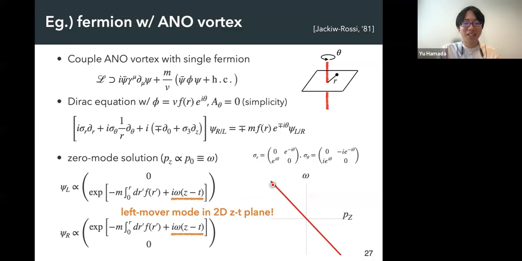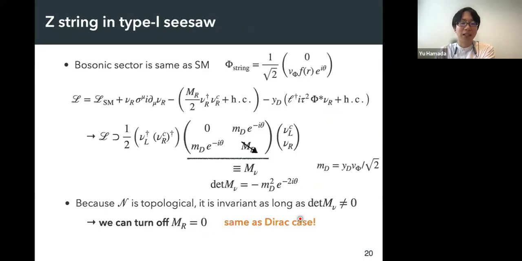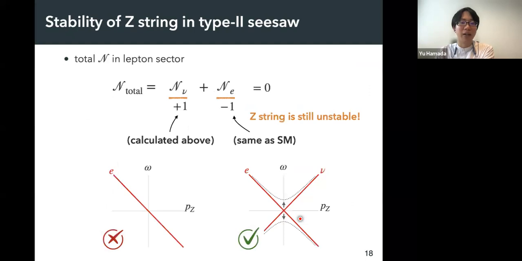Fermion zero modes in 2 dimensions come from both the right-handed fermion and the left-handed fermion in 4 dimensions in the usual case. And this is the case of the electron field. In the neutrino case, this is more tricky because we have a Majorana mass term without any Dirac mass term in the type 2 seesaw model. So in that sense, the neutrino in the type 2 seesaw is an exceptional case.